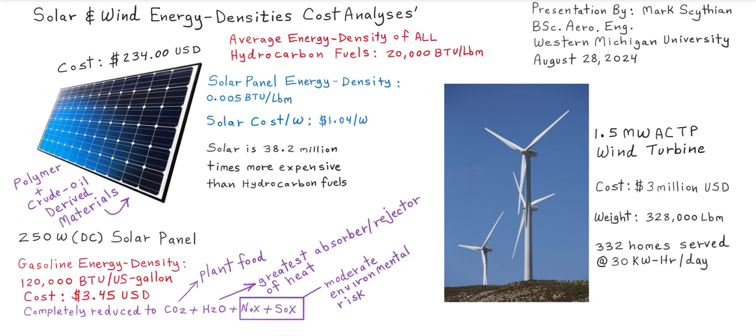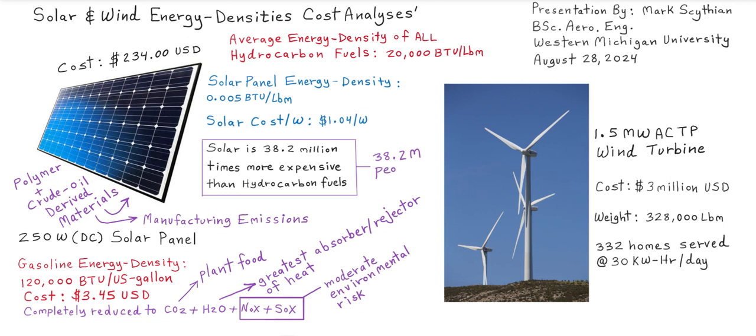So we have to take that into consideration. And then we also have the manufacturing emissions in the process, not even including the combustion engines that are harnessing the electricity to run the solar factories. So we have to take these into account. Okay, so now we have at least a base comparison.